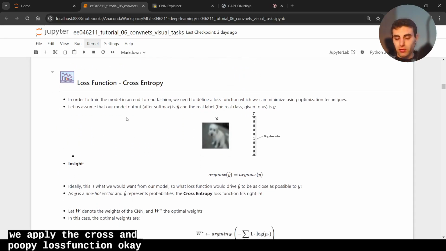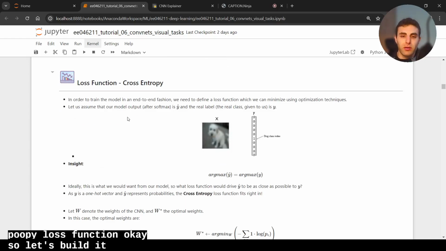Okay, so let's build it. Consider we have an image of this dog here, and we have the label. The label is class number 6 if you start your count from 1, and class number 5 if you start from 0.